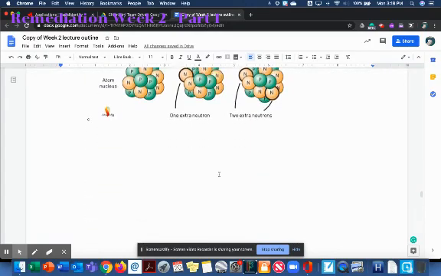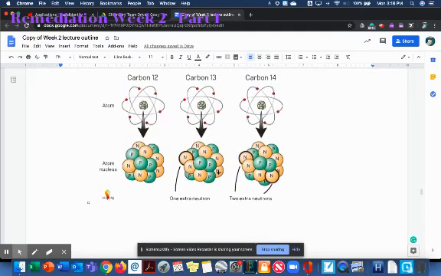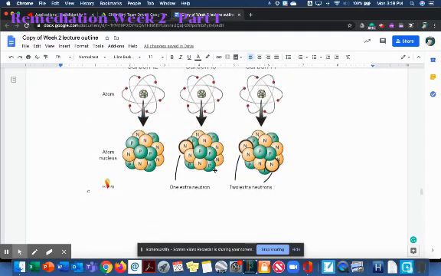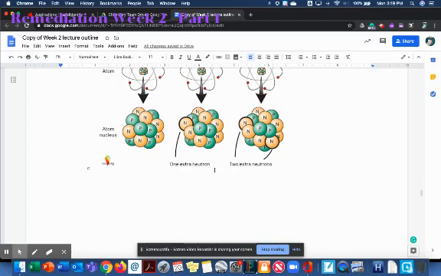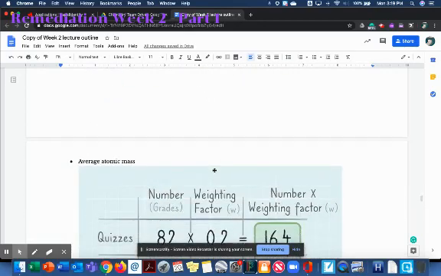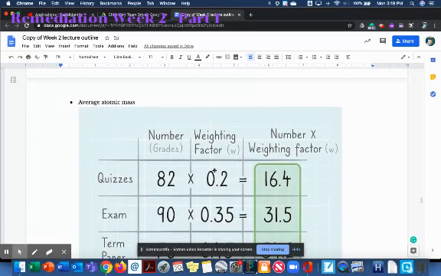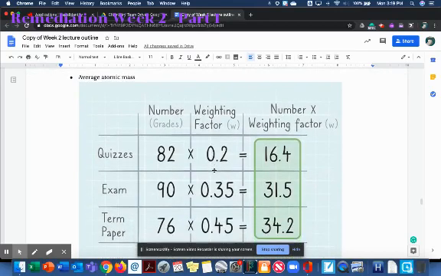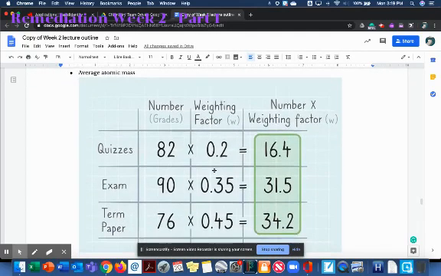Okay? And so if we want to represent the element carbon on the periodic table in terms of the typical mass of a carbon atom, we have to take into account all of the different isotopes that exist for carbon when we represent its mass on the periodic table.